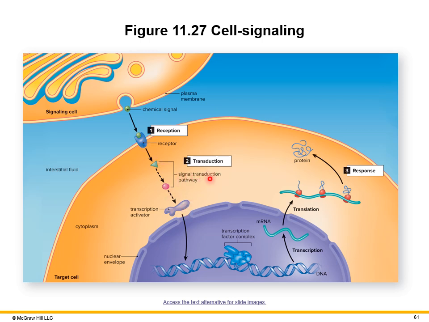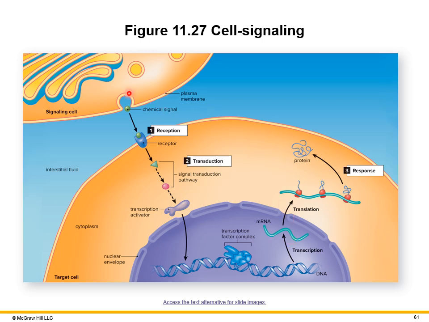So signal transduction is the sending or traveling of the signal along a certain pathway. This is going to end up activating, in this case, a transcription factor. And the transcription factor, as we saw earlier, is going to bind to an enhancer region on the DNA, and it's going to increase the level of transcription to produce mRNA.